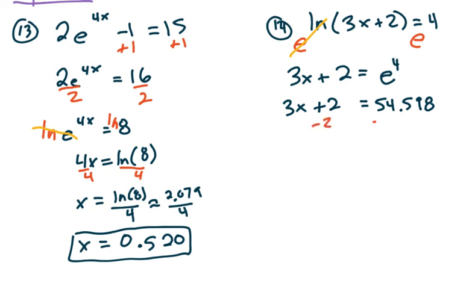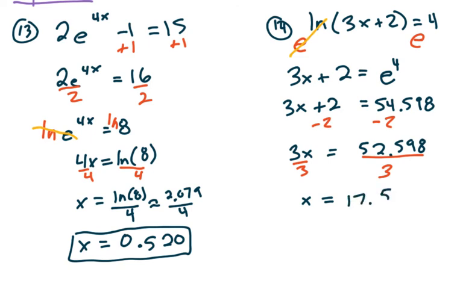And then we would subtract 2 from each side, and then divide by 3. So x should equal about 17.533.